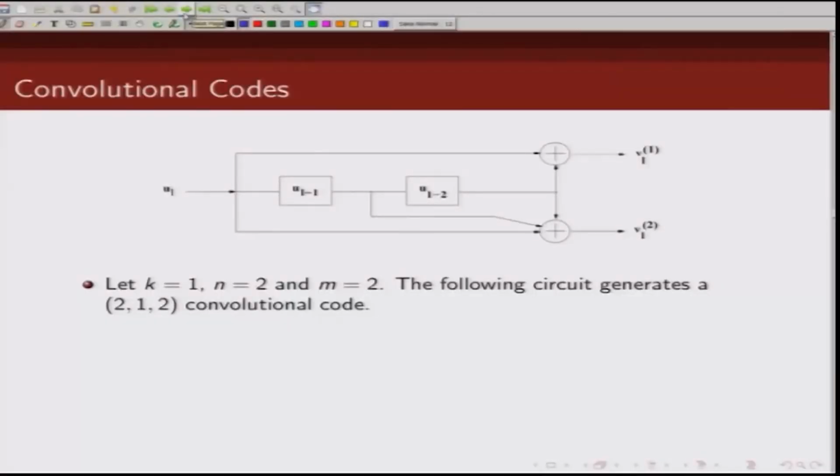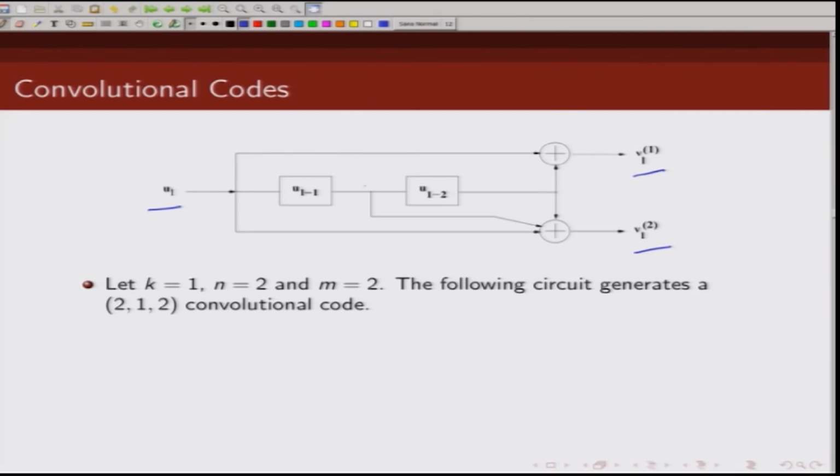So, let us take an example now of a convolutional code. Here we have one input and two outputs. The input we are denoting by u of l, and the outputs by v of l1 and v of l2. Note here, each of the outputs not only depends on the current input, but it also depends on past values.